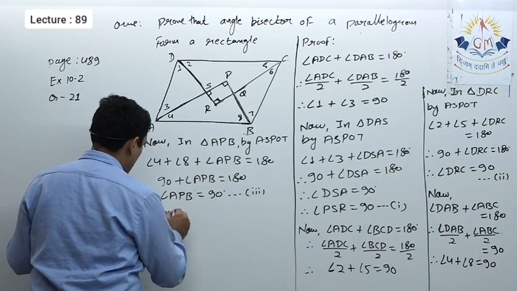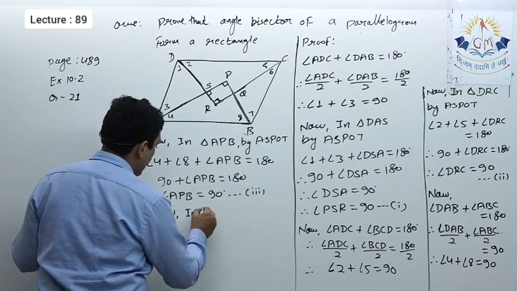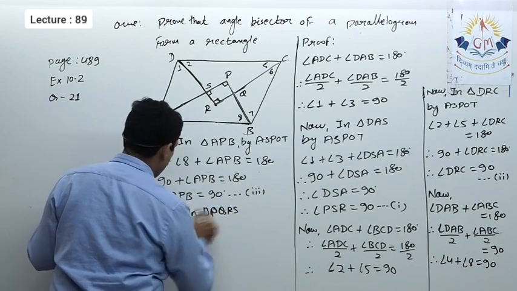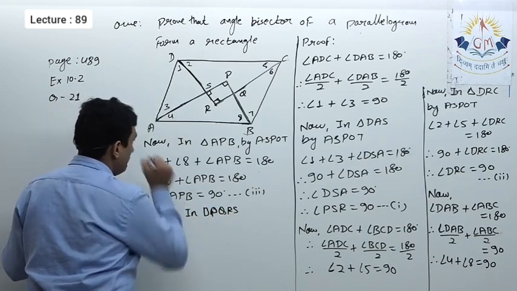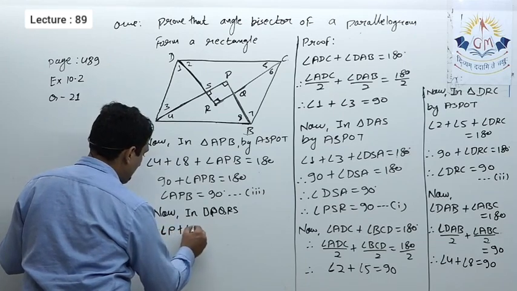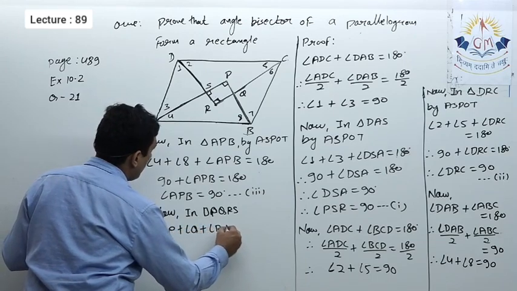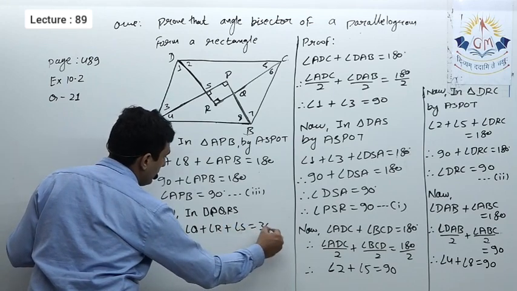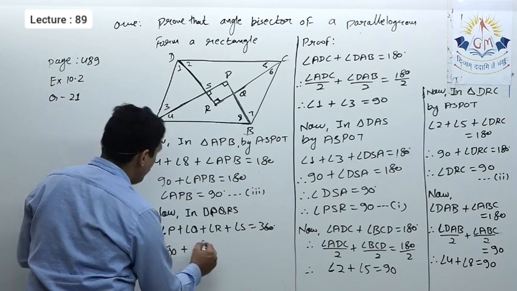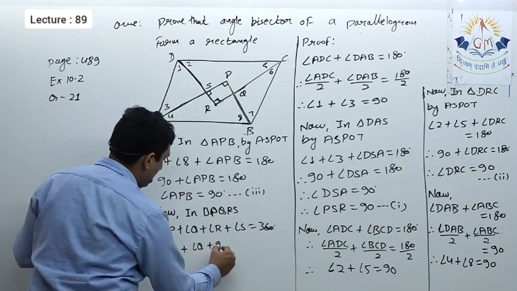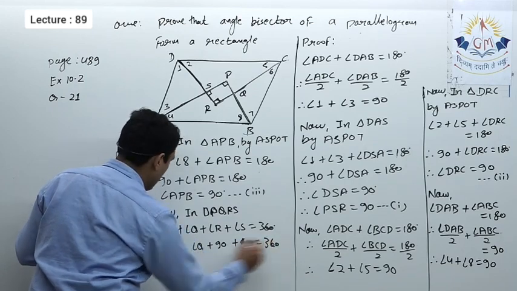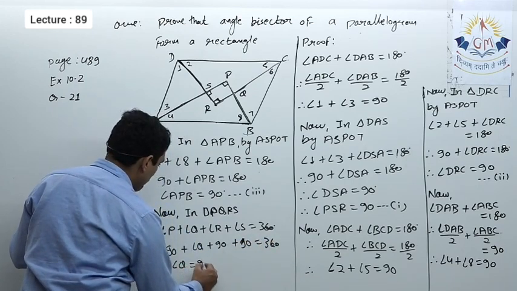Now in quadrilateral PQRS, I can write angle P plus angle Q plus angle R plus angle S equal to 360. Now P is 90, Q we have to find, R is 90, S is also 90, that is 360. So angle Q is equal to 90 degrees.